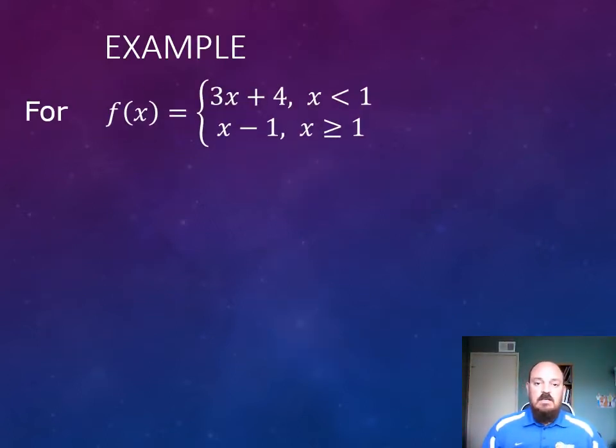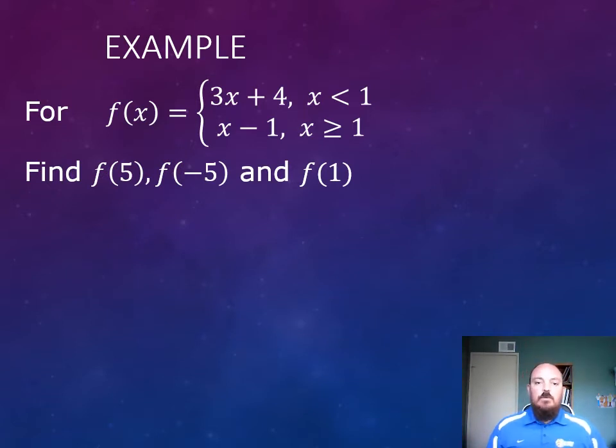So here's our real example. Here's a piecewise function. It's actually the same one. And we're going to do 3 different problems. We're going to find f of 5, f of negative 5, and f of 1. So let's start with f of 5. The number is 5, and my choices are, is 5 less than 1, or is 5 greater than or equal to 1?